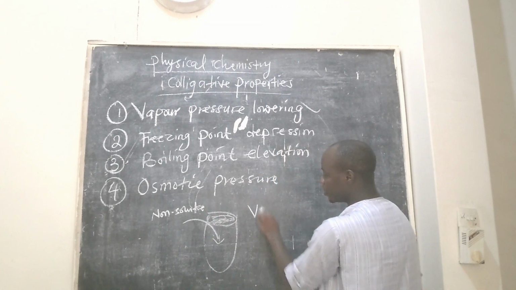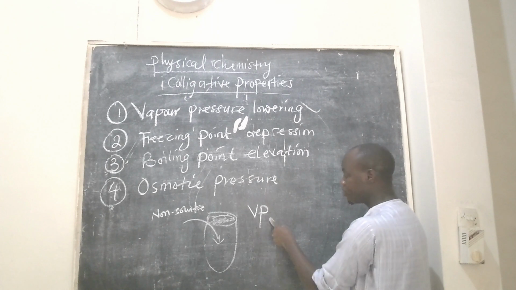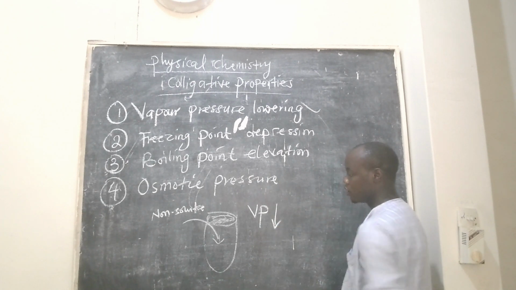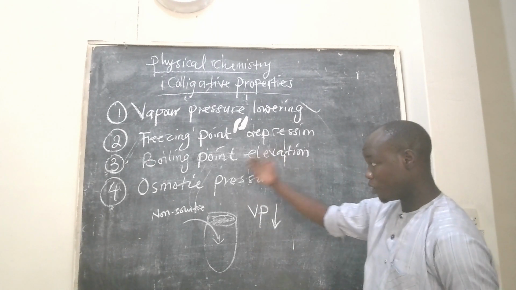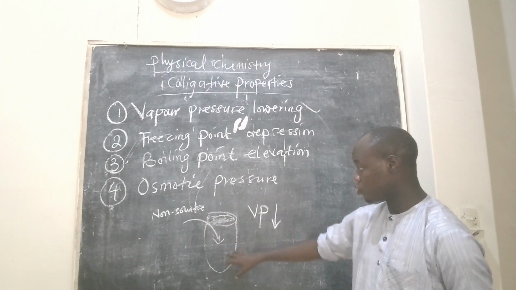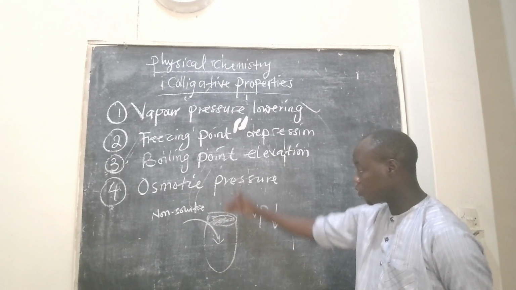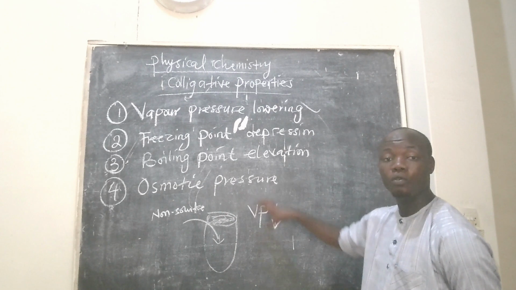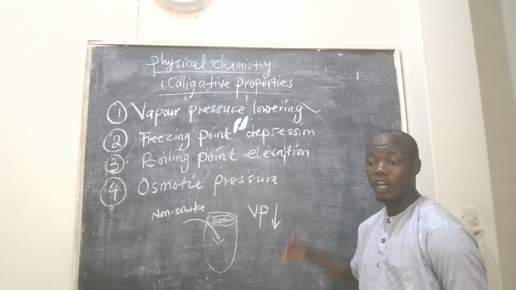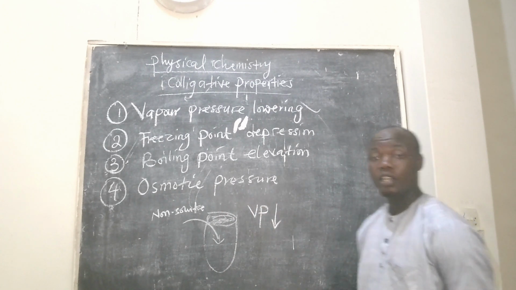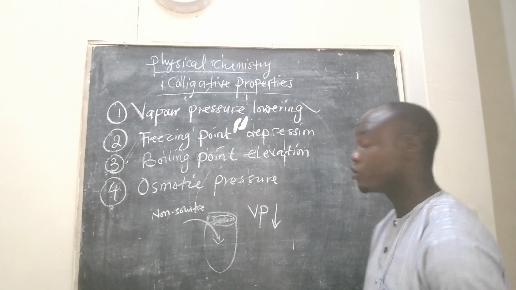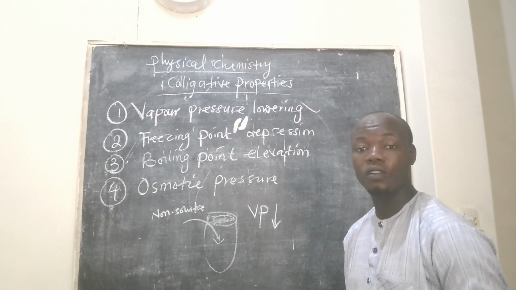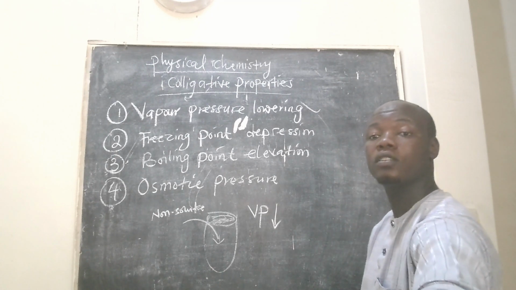So the more you increase the number of non-volatile solutes in the closed container, the more the vapor pressure will be decreased. And why is it decreased? This vapor pressure decreases due to the increase in the number of solute particles.